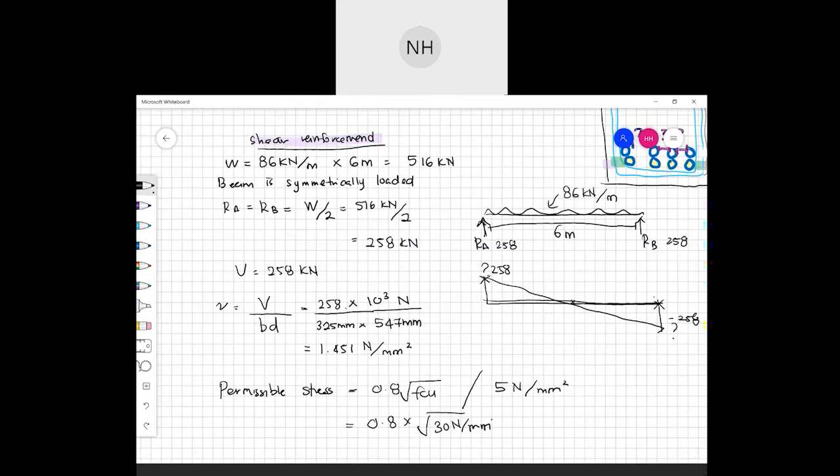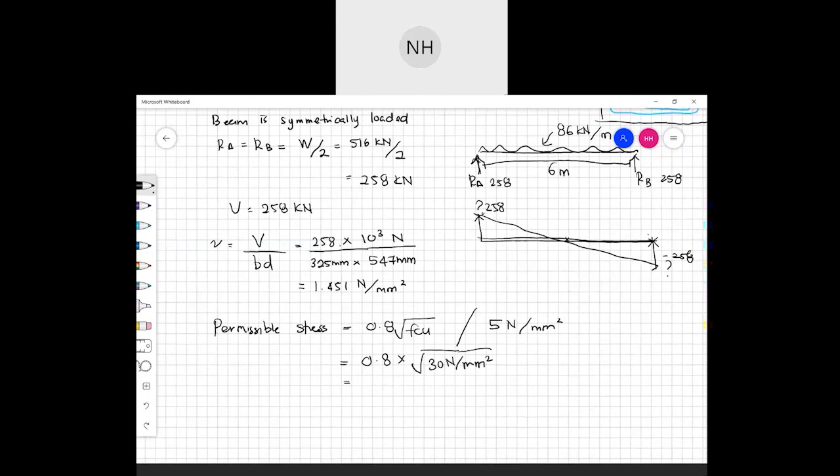You pun tahu FCU kita 30 dah bagi dalam soalan. Kita kira, so kita akan dapat like some answer, I think it is 4.38. Okay. It is actually 4.38.